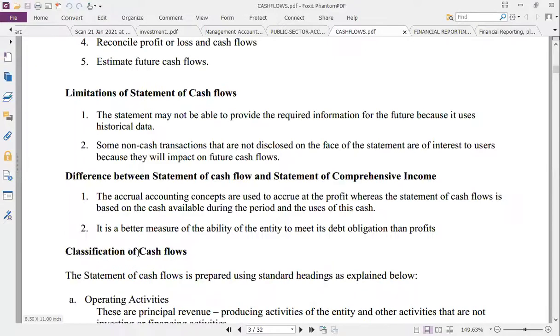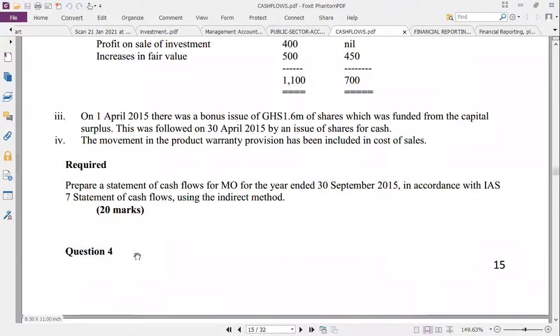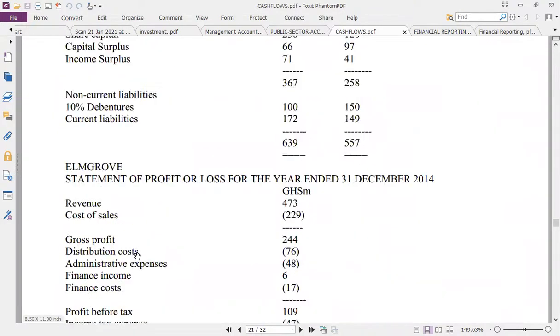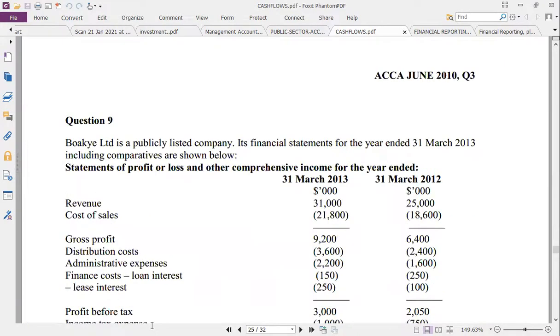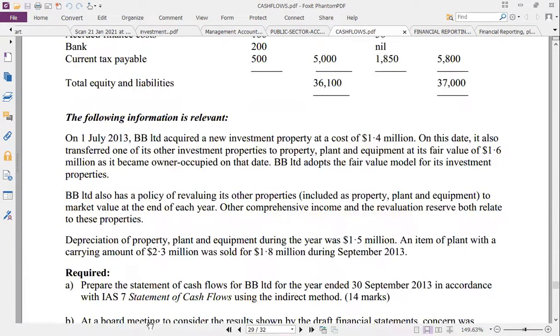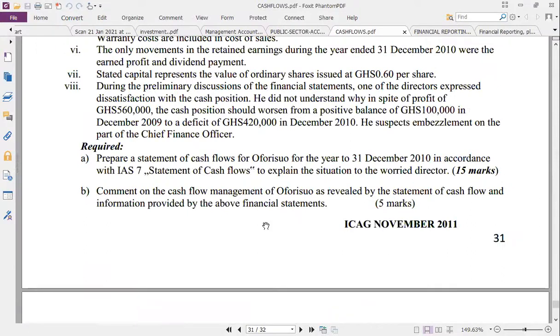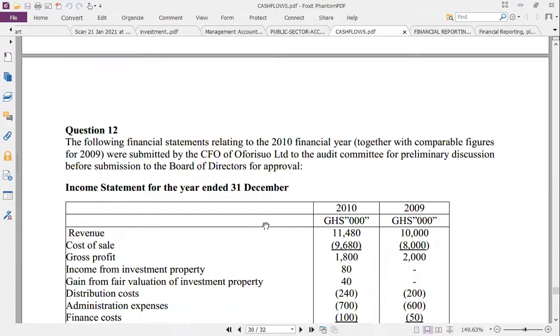Let's go straight to question number 11 or so. That is the last question in the material. That's CFO, question number 4.